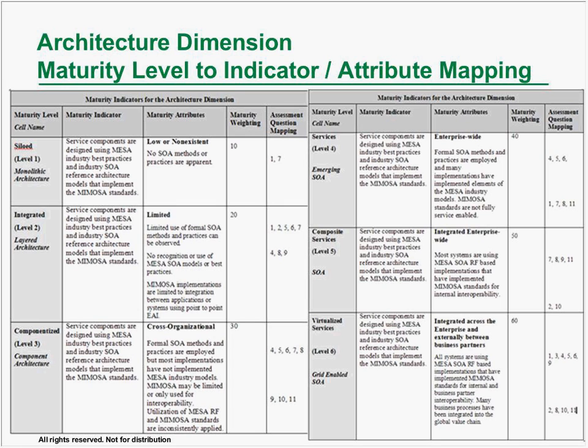And the integration, and we're seeing this, integrated throughout the enterprise. It's integrated enterprise-wide, and the primary attribute of that we would need to verify would be most systems are using MESA SOA reference architecture based on implementations that have implemented MIMOSA standards for internal interoperability.